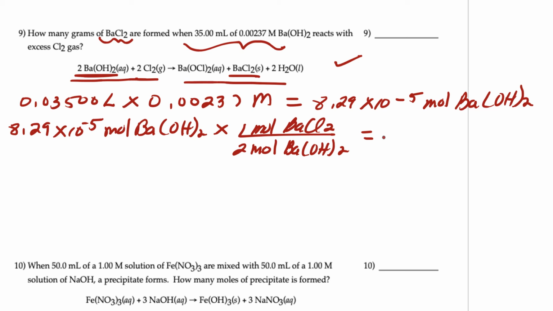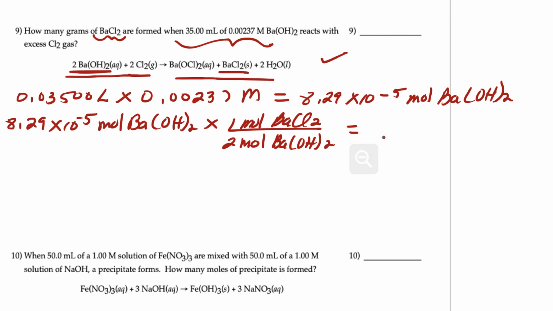So we'll divide that by 2. That's 4.15 times 10 to the negative 5 moles of barium chloride.